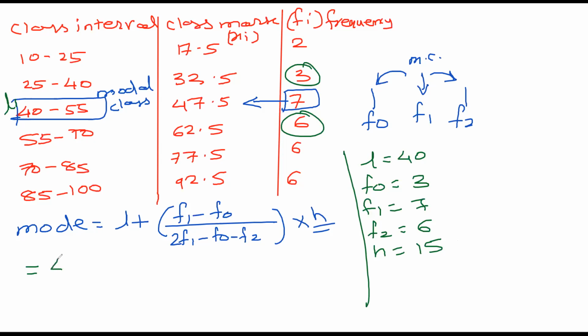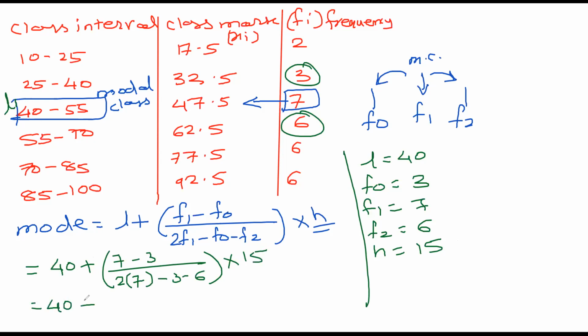So what do we get? 40 plus (F1 minus F0), that is 7 minus 3, divided by (2 times F1, that is 2 times 7, minus 3 minus 6), into 15. So you get 40 plus 4 upon (14 minus 9) into 15.